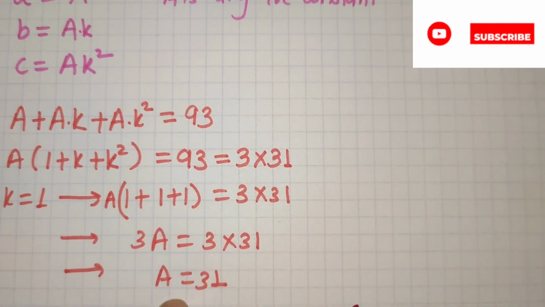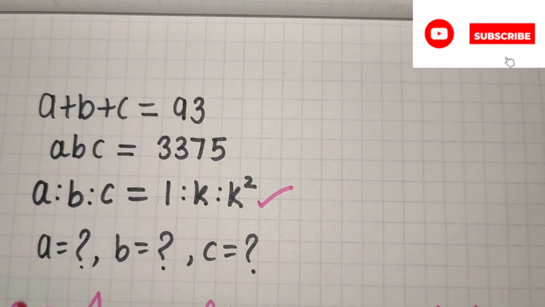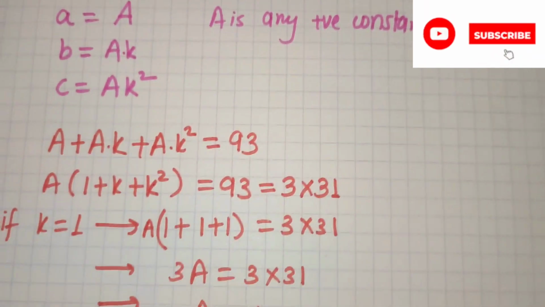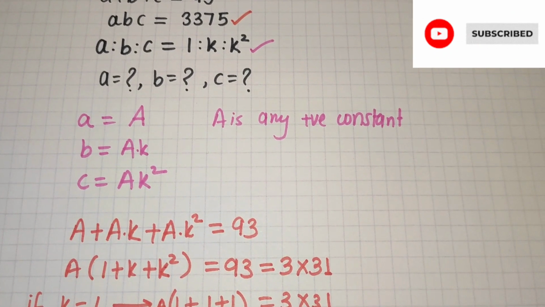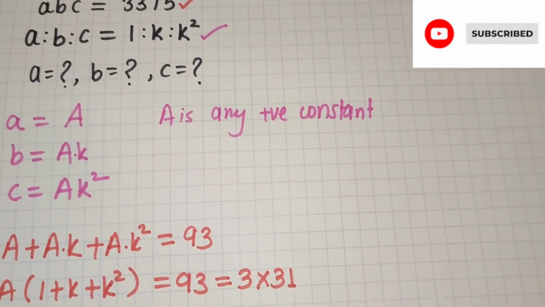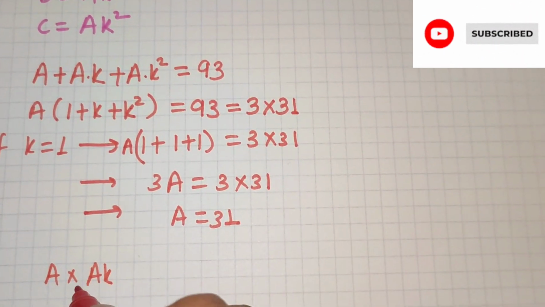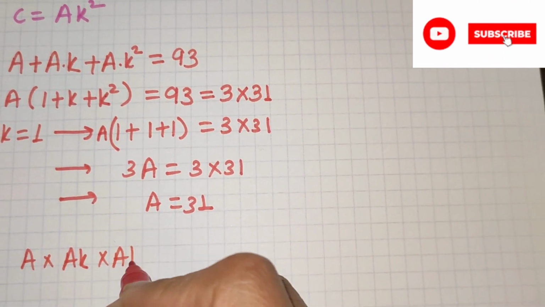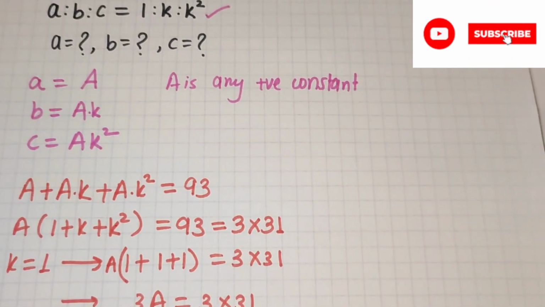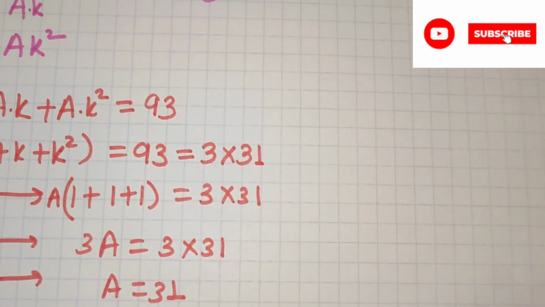Now let's verify whether a equals 31 is a valid value for a or not. I'm going to use the given information here. So I'll write a times b times c, that will be a times ak times ak squared equals 3375.